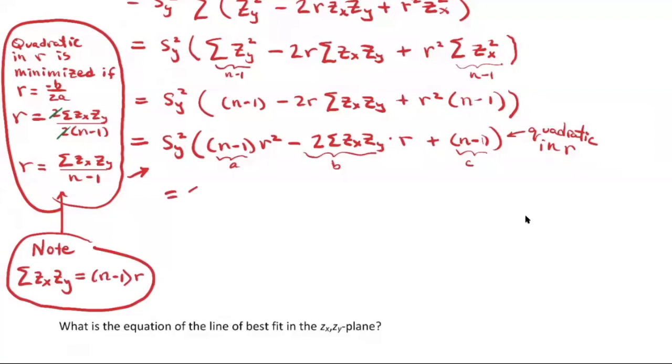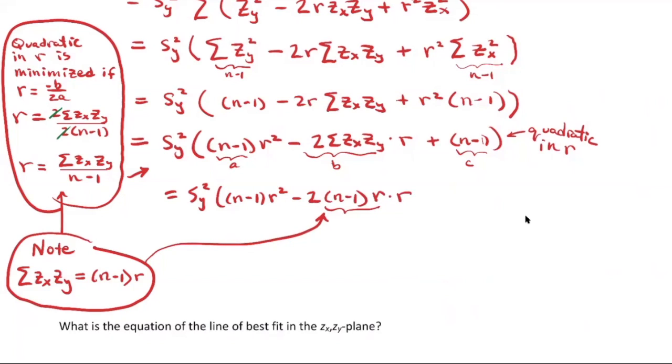And I want to use that up above in this algebra that we're doing. So you still have the sy squared, and then there's an n minus 1 r squared minus 2, and then the sum of zx, zy can be replaced by n minus 1 times r. So it would be 2 n minus 1 r, but then there's another r, okay, and then there's plus another term, the n minus 1 term, so just plus n minus 1.